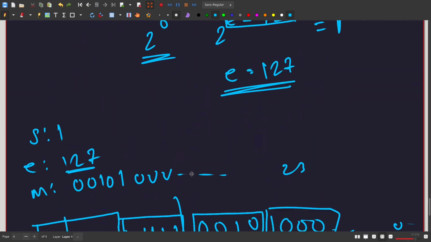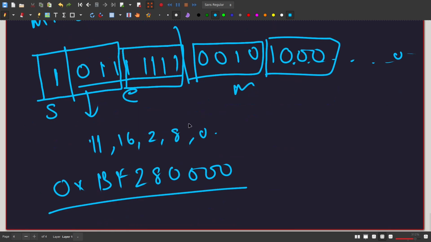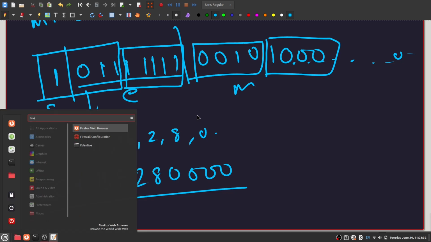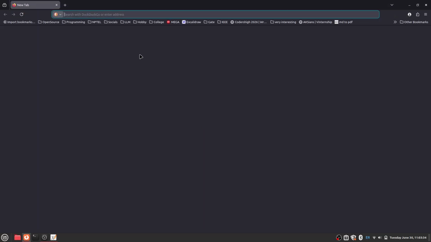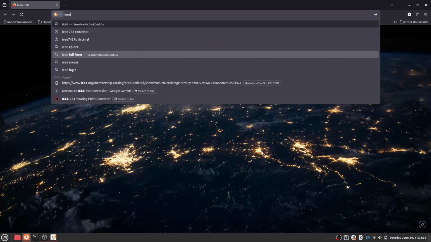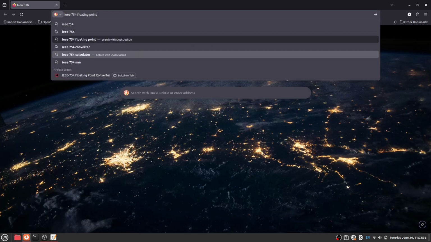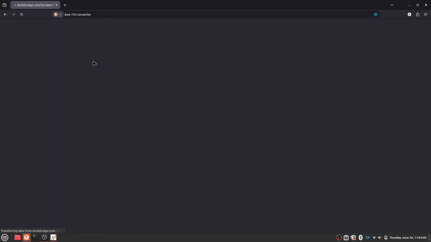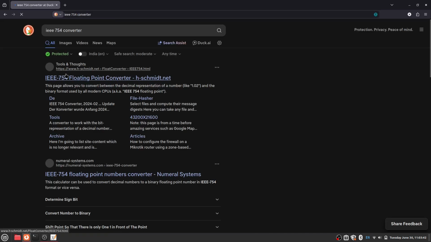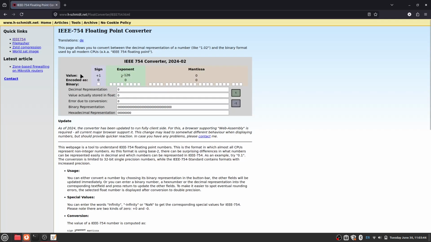This actually may have been wrong in some way, maybe not, but I do think that this is right. We could check it very quickly actually. IEEE 754 converter. Let's hope I'm not wrong. So hexadecimal, or we could start with this, I guess.